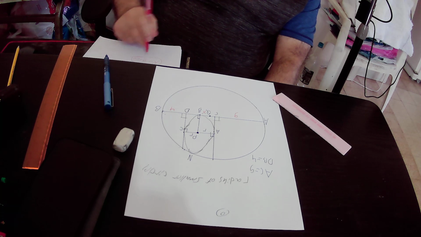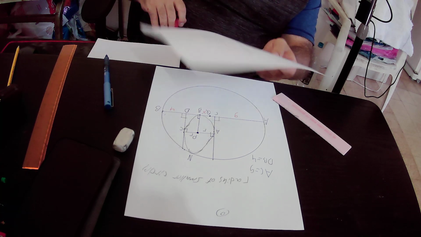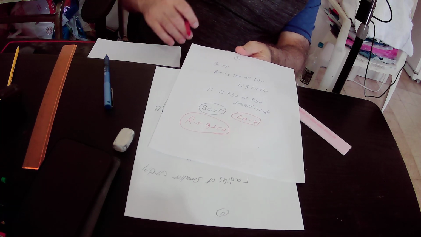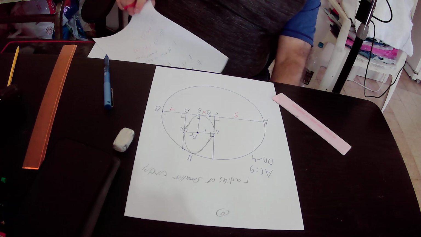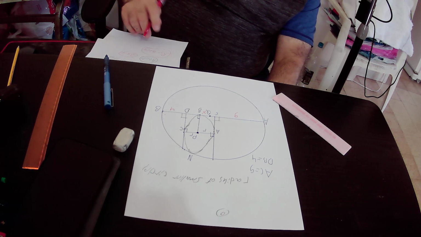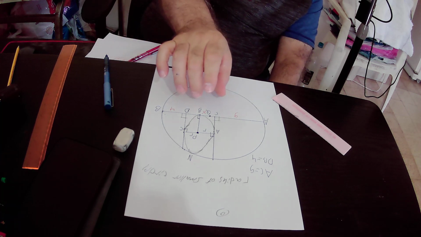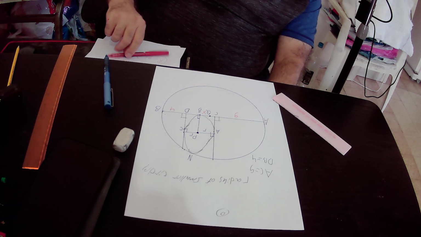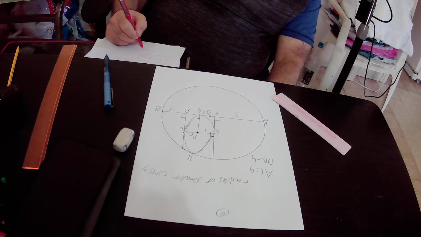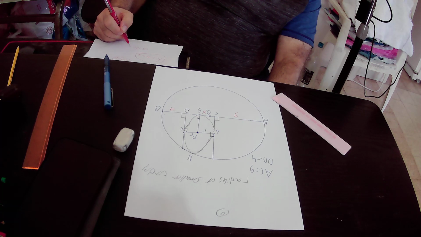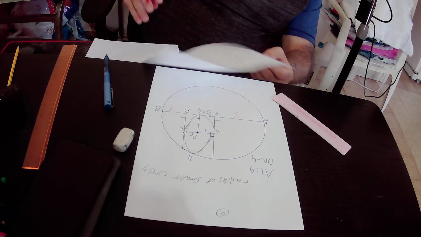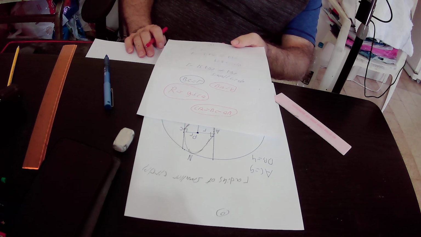The radius of the big circle equals 9 plus CQ, and what is the value of CQ? CQ equals BC minus QB.